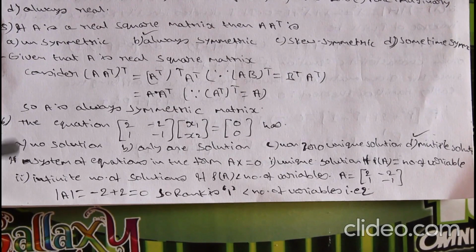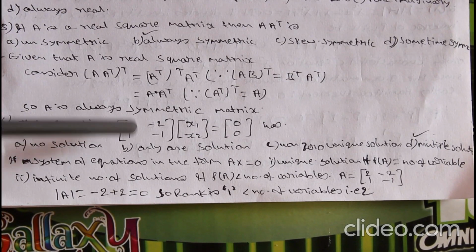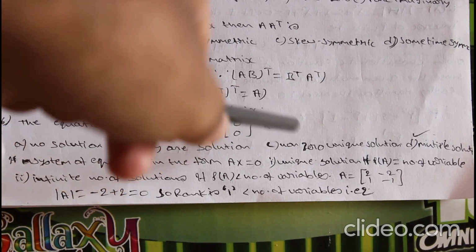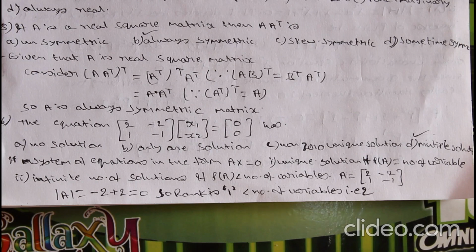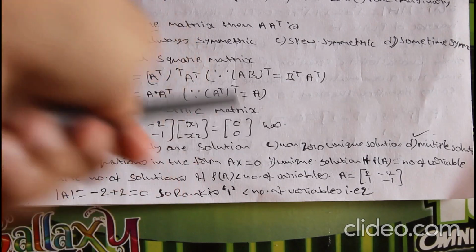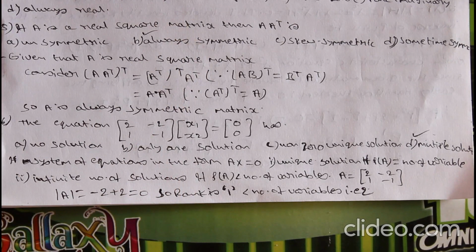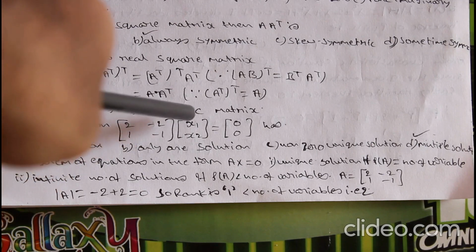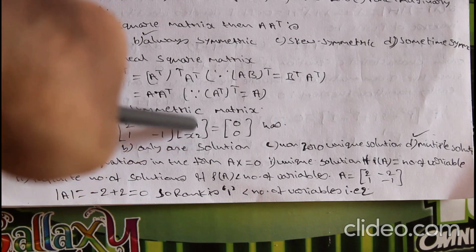Now look at question number 6. The equation [2 -2; 1 -1] [x1 x2] equal to [0 0] has. So it is already given, it is of the form Ax = 0. For Ax = 0 there are two possible solutions. One is if the rank of this 2 by 2 matrix is equal to the number of variables, that is two variables.